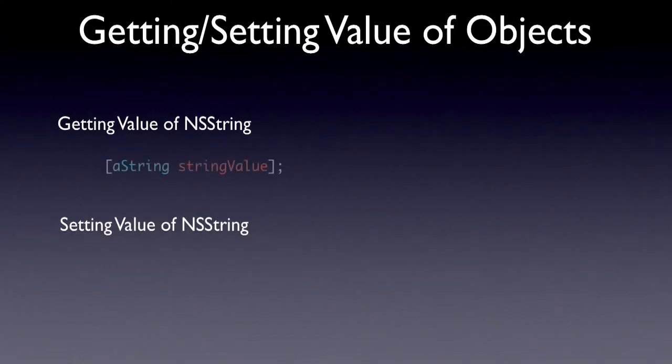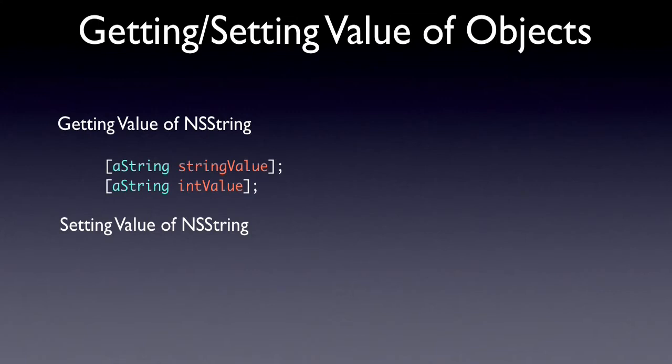Now, unlike normal variables, if you want to return the value of what's in the object and not get the object itself, you'll need to call a method on the object. Here's how you do that. Say you want to get the value of a string, and that string is called a string.